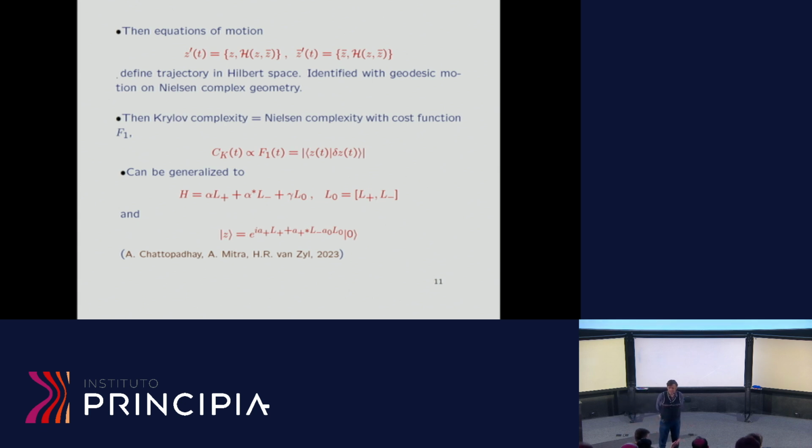These are not natural cost functions. You have several possibilities for cost functions that satisfy certain axioms, and the most natural one is called f2, which is the distance. But this f1 is the one that appears in this relation.